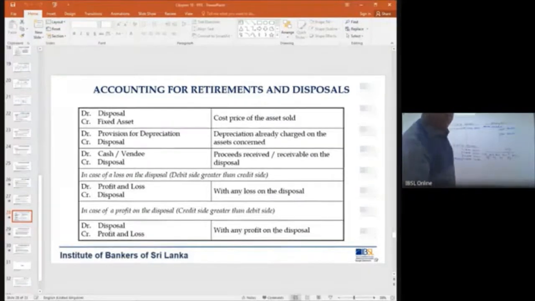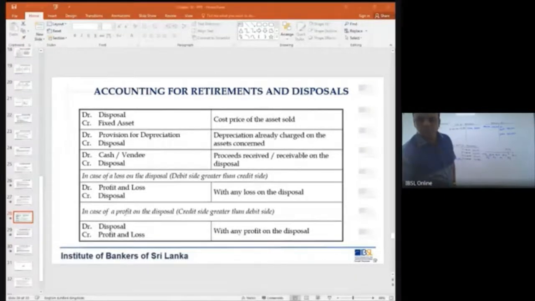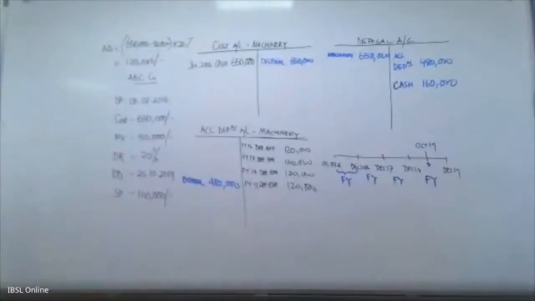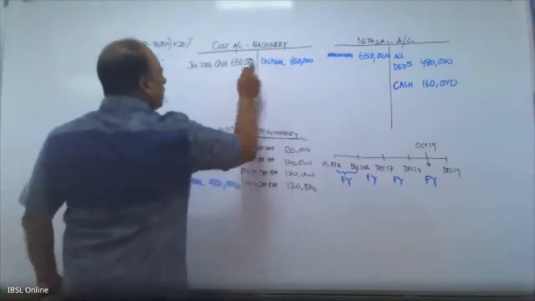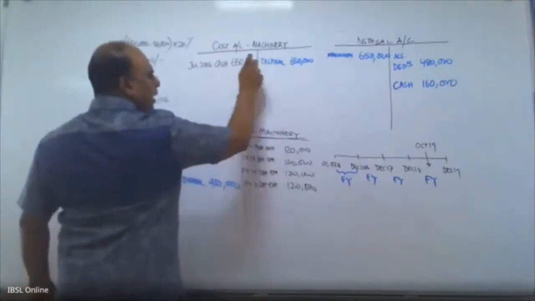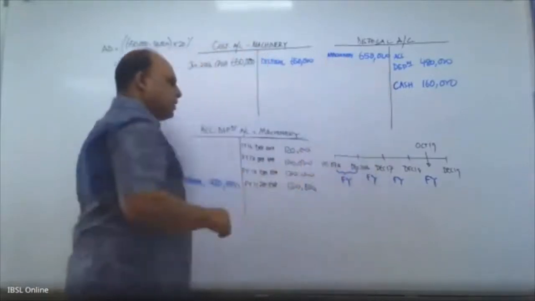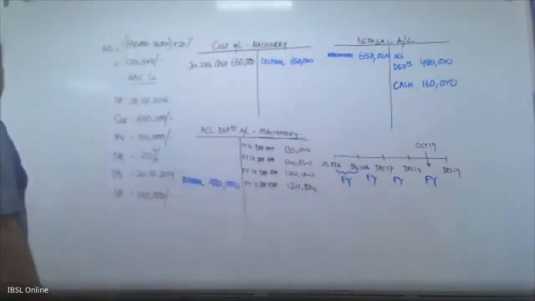Okay, right. Let's look at the board now. What I have marked in blue are the 3 transactions relating to the disposal. One, reversal of the cost, where I credit here and debit here. That is the first transaction in the slide.